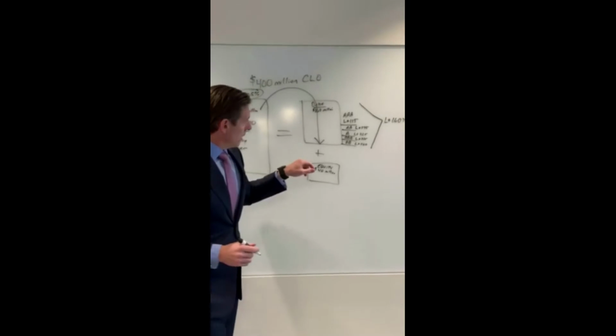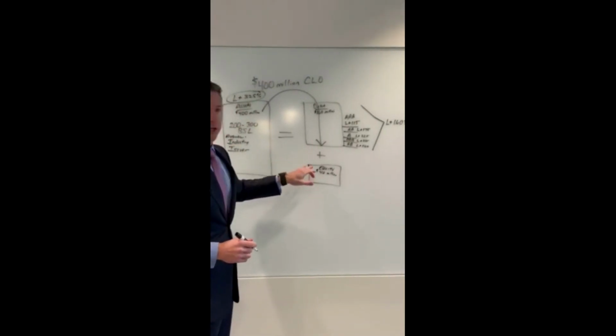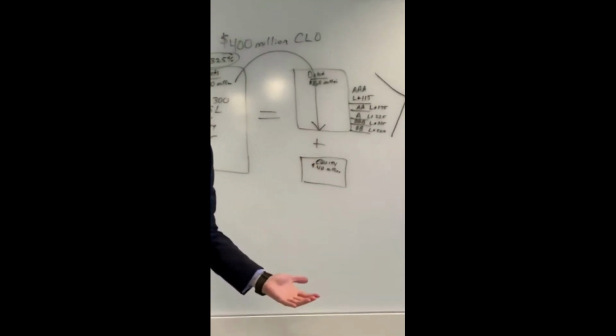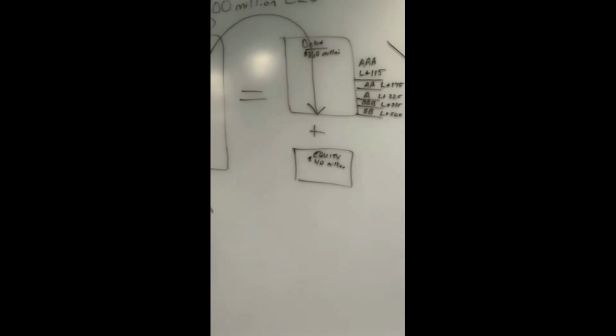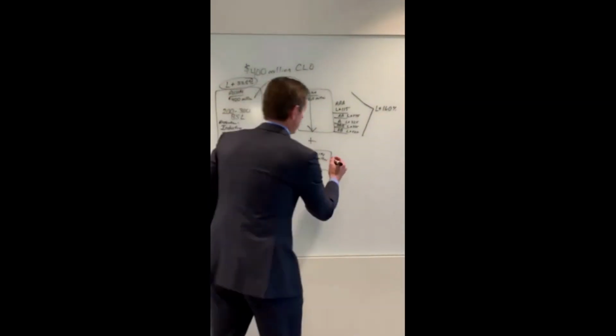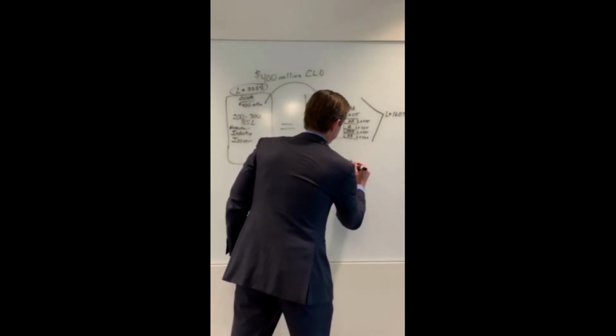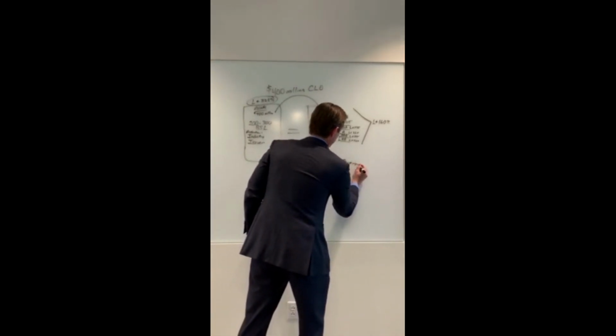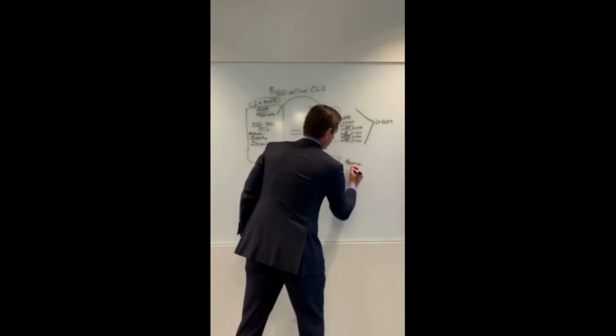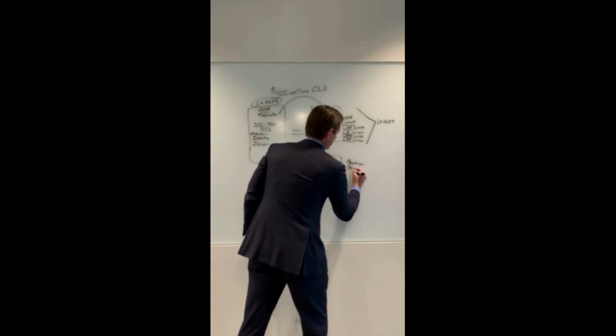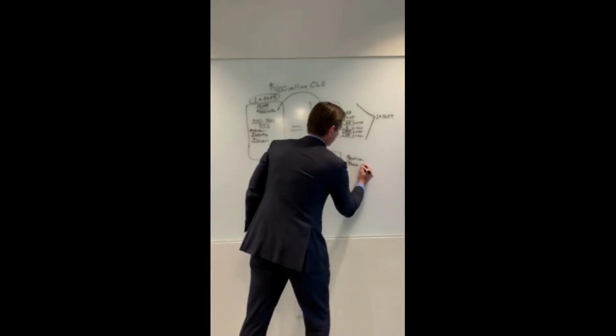Well, what is the equity doing? Well, the equity is the owner. They're the owner of the business. And the owner of the business gets the profit. And what's called, in our business, the excess spread.